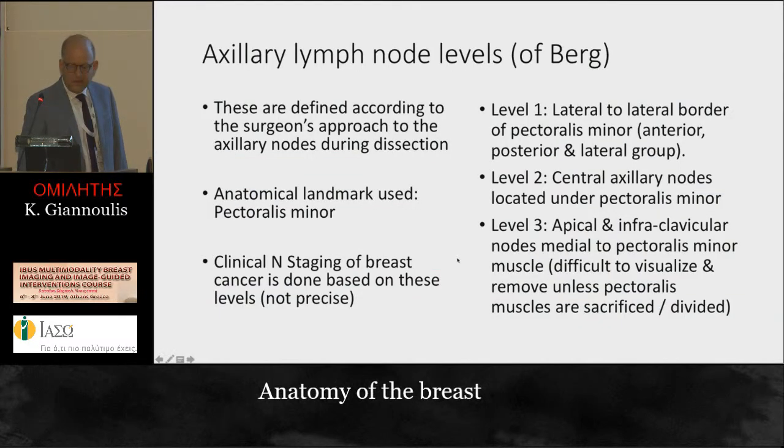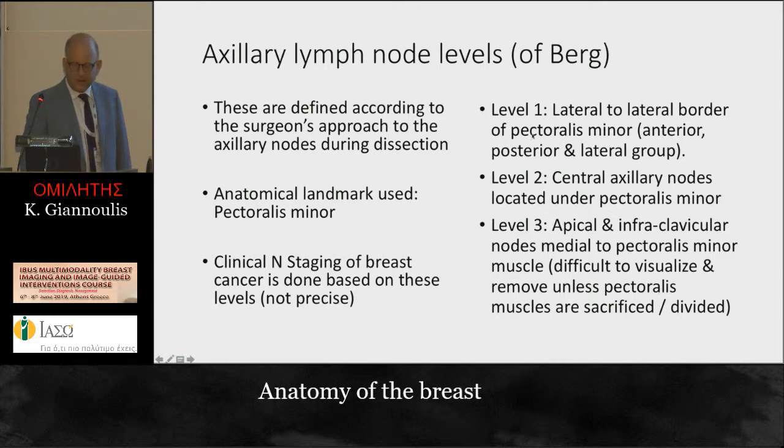Now, the axillary lymph node levels are defined according to the surgeon's approach to the axilla during dissection. They represent a significant anatomical landmark which is used for the clinical staging of breast cancer. There are 3 levels of lymph nodes in the axilla.